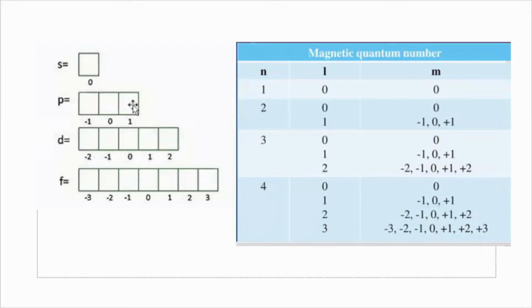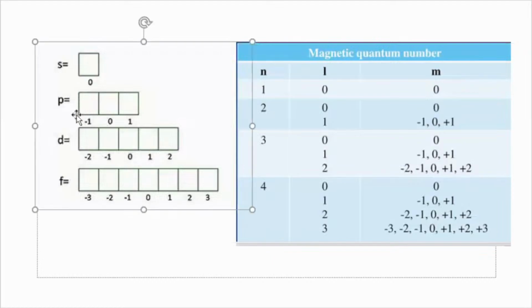S has only one orbital. P has 3 orbitals, the P subshell: Px, Py, Pz. D subshell has 5 orbitals: dxy, dxz, dyz, dx square minus y square, dz square. And F has 7. Did you get it, guys?